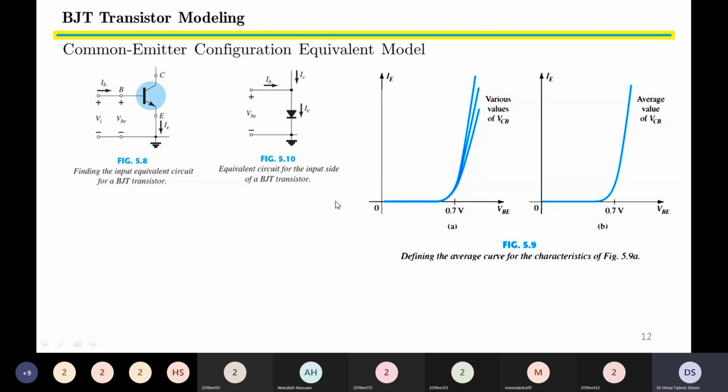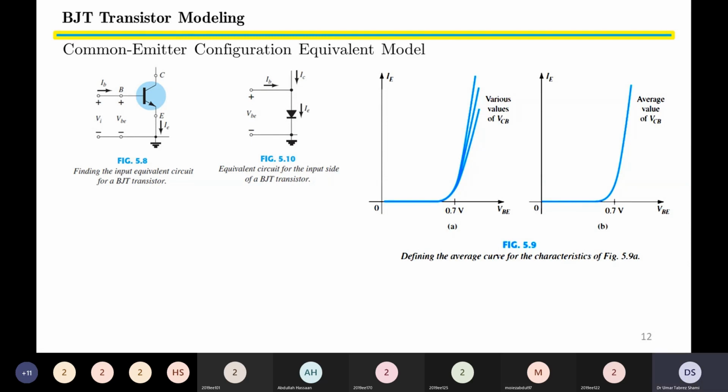Therefore, in figure 5.10, we see a diode between the base and the emitter, and here it is written VBE. This VBE means the voltage across the base and the emitter. The base emitter has been replaced by an imaginary diode because it is in fact a PN junction.